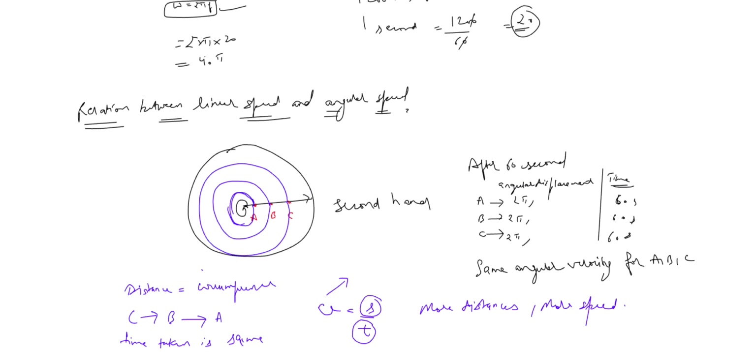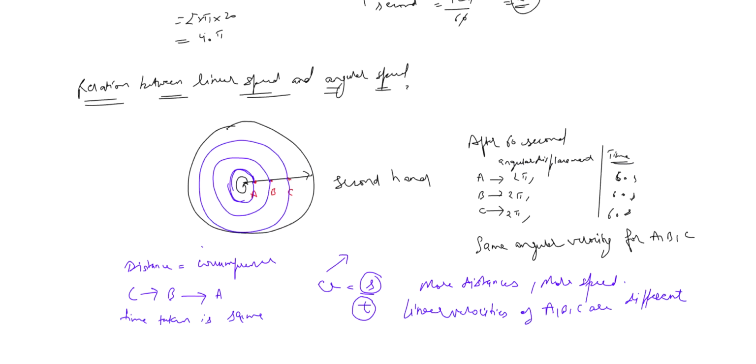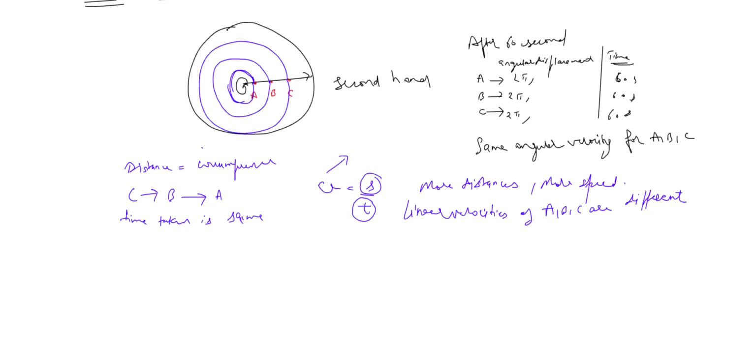So now here we can see that the linear velocities of particles A, B, C are different, right? On what factor is the linear velocity depending?